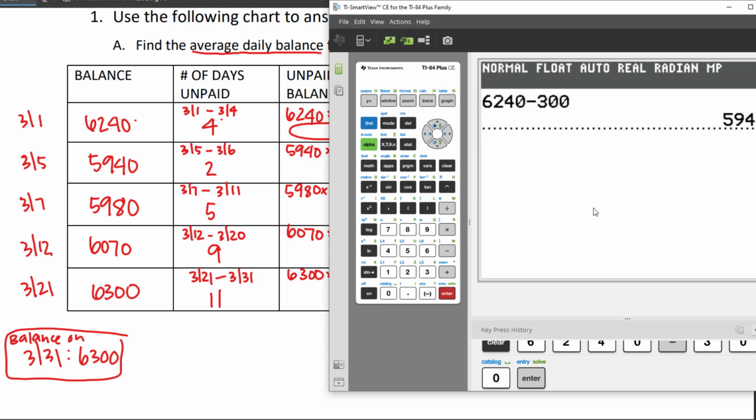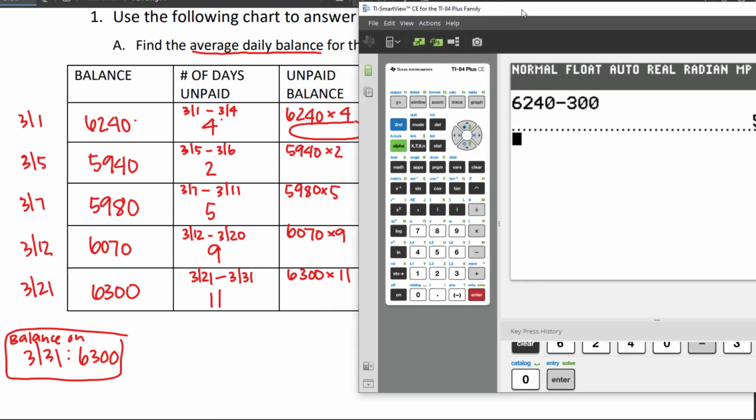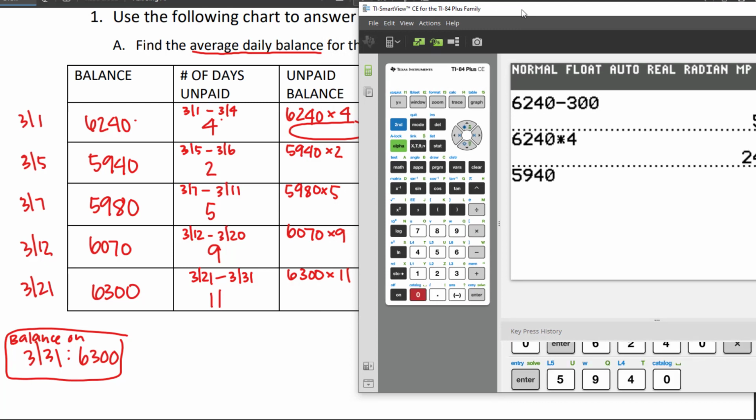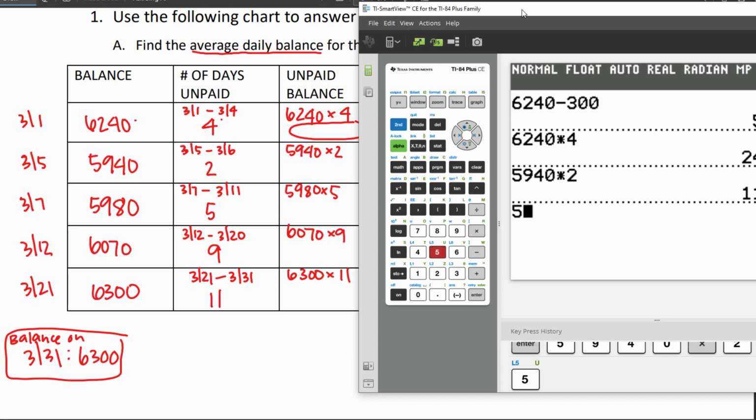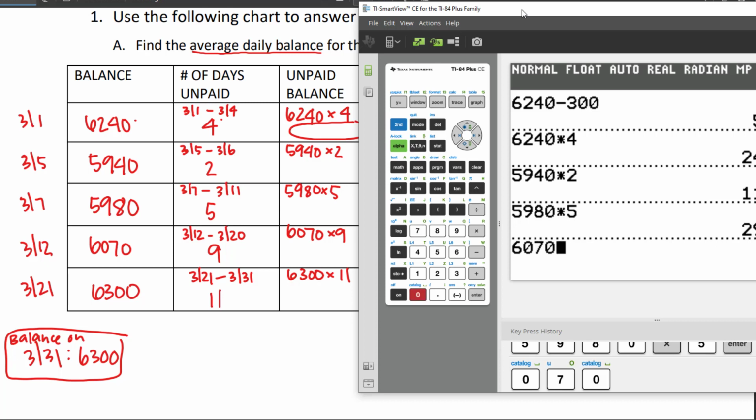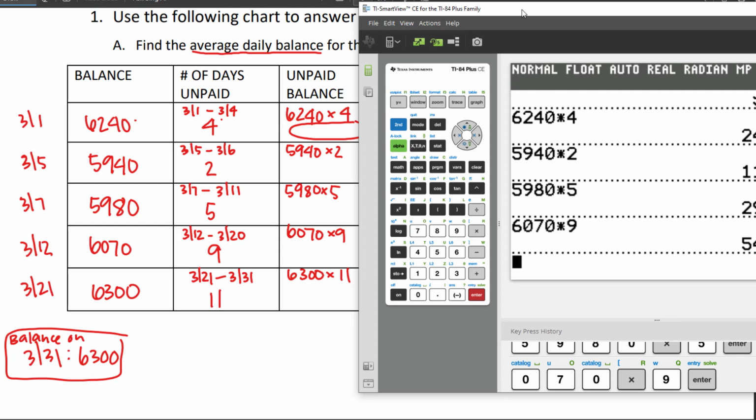Okay, so let me scoot this over just a little bit. 6240 times 4. 5940 times 2, 5980 times 5, 6070 times 9, and then the last one, 6300 times 11.